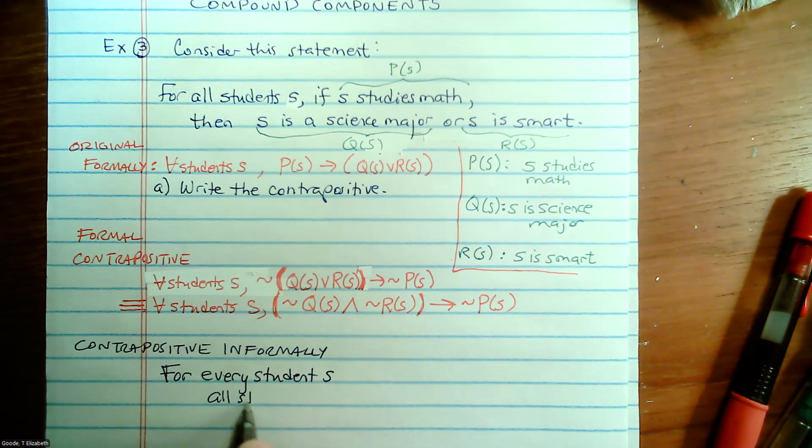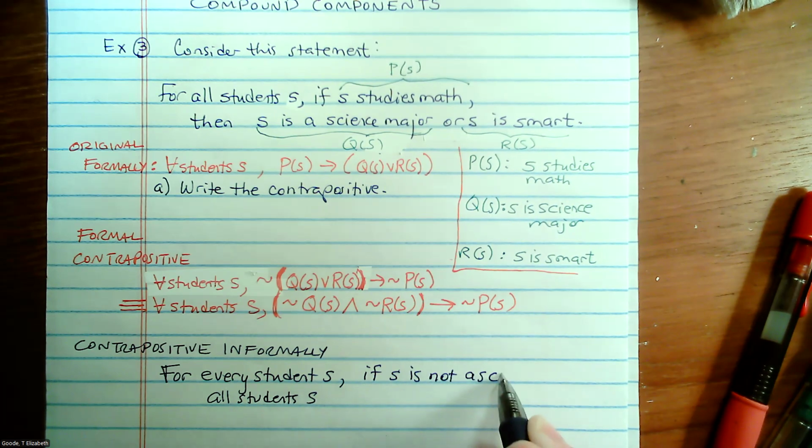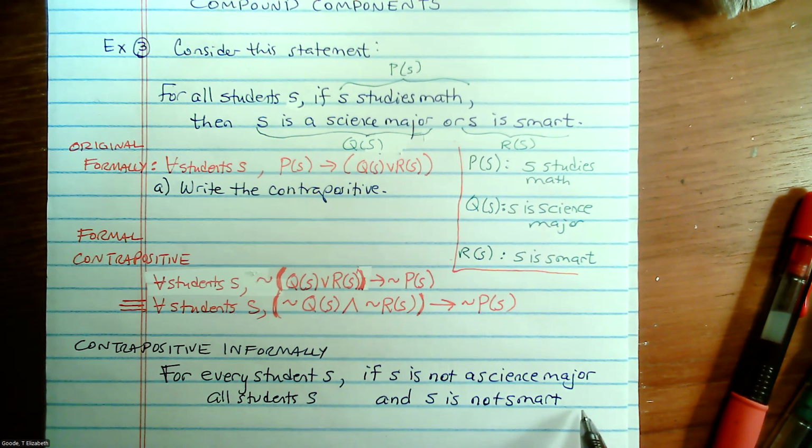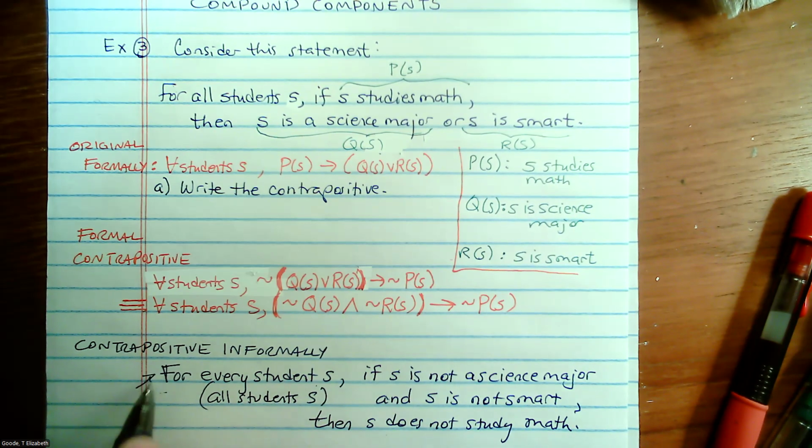If S is not a science major and S is not smart, then S does not study math. Yep, you did it. It's probably confusing to have both of those, but either one is correct.